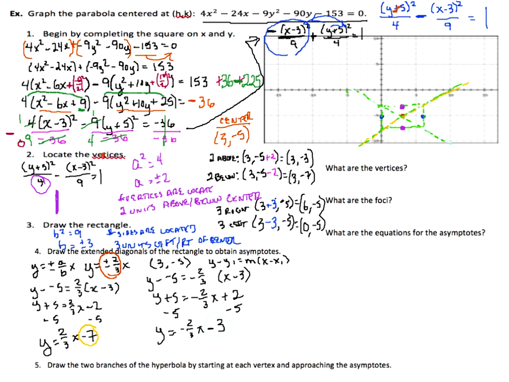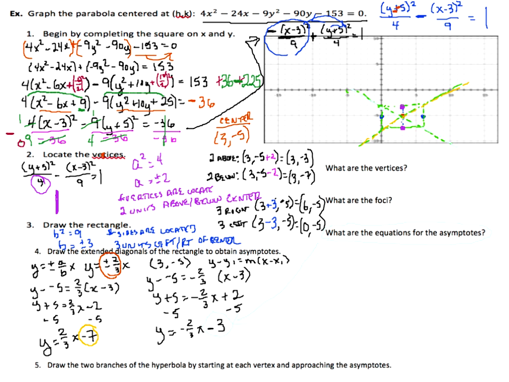So actually, we have just answered that last question there. Okay, what are the vertices? We've already got the answer to that question, so I'll just rewrite it over here. Oh, draw the hyperbola. I forgot to draw that. Let me go back and draw the hyperbola. So once again, our transverse axis is vertical.